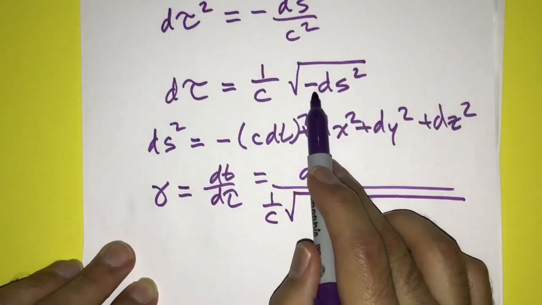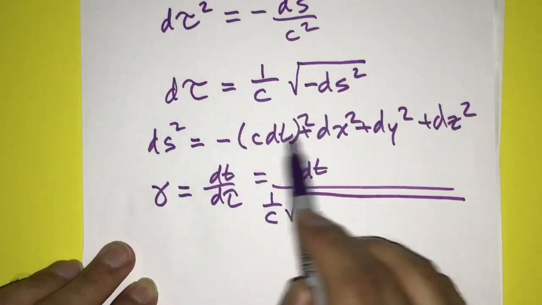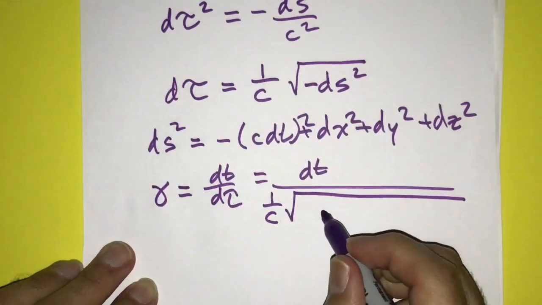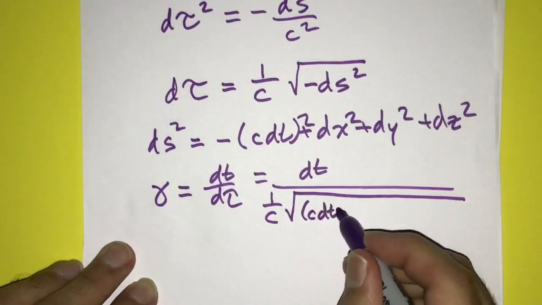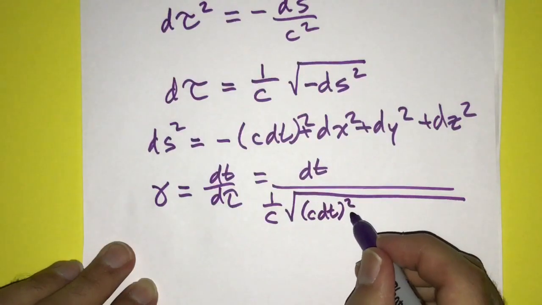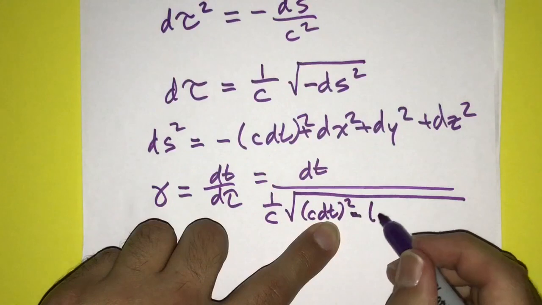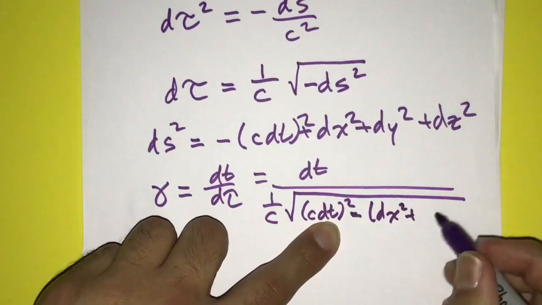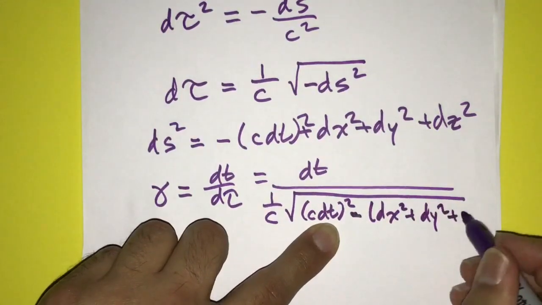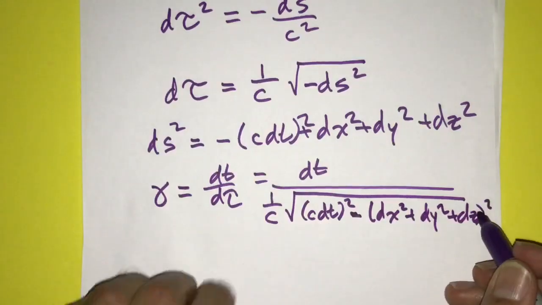And we have it multiplied by a negative, so all these are going to switch signs. So we get c dt squared, and I'm just going to go ahead and factor out this minus sign right here. So we're going to get dx squared plus dy squared plus dz squared.